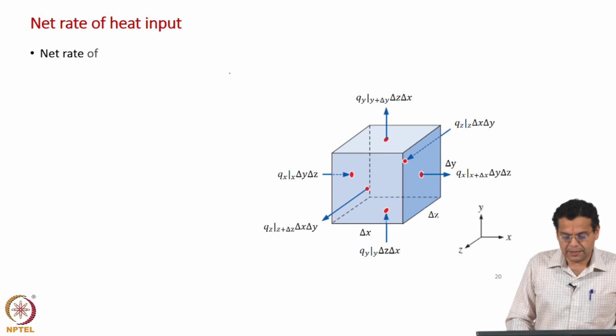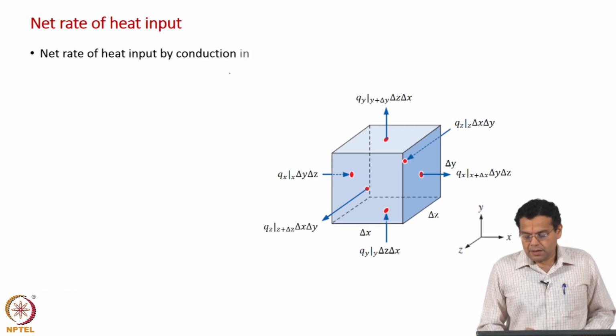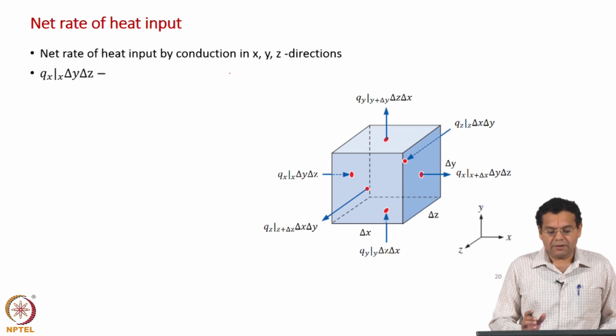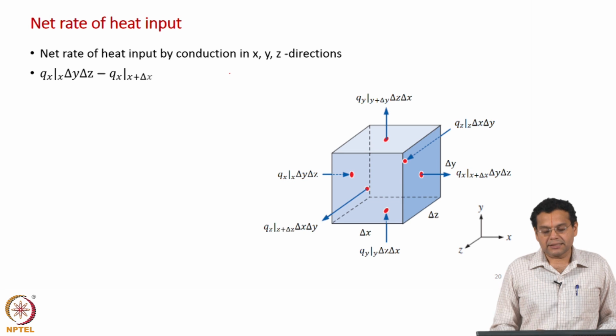So, let us do it for the other directions. Net rate of heat input by conduction in the x, y, z directions. We have to just repeat it for other directions with the corresponding area.